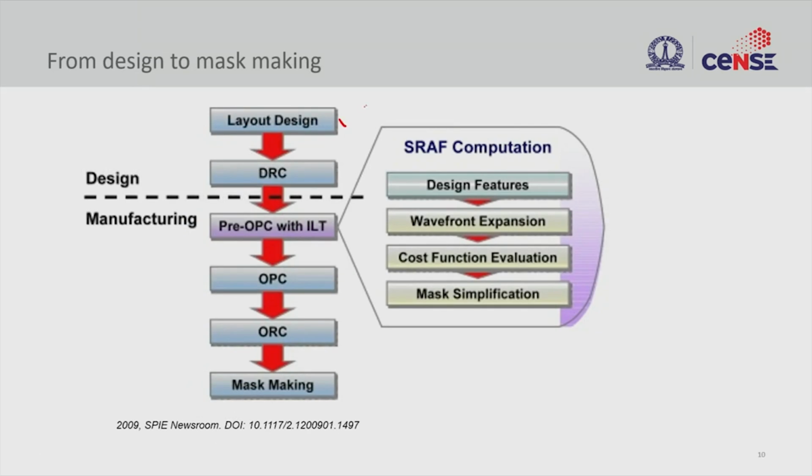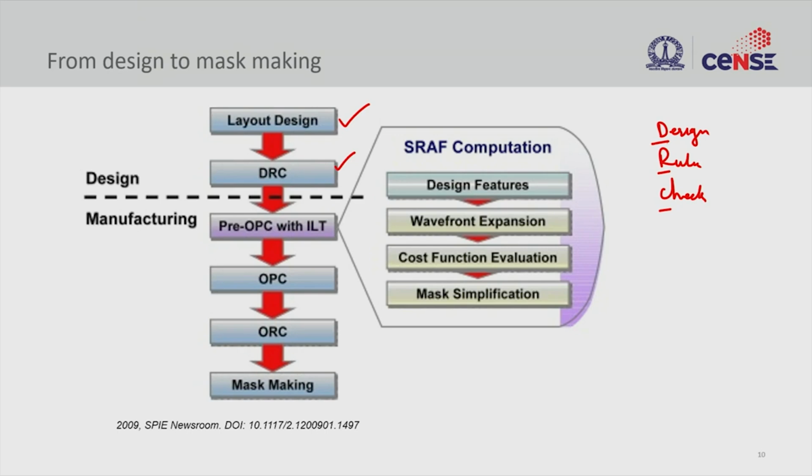So you start with a layout, right. This is coming from your design, and then you do DRC. What is DRC? Design rule check. So they check all the design rules are followed or not.